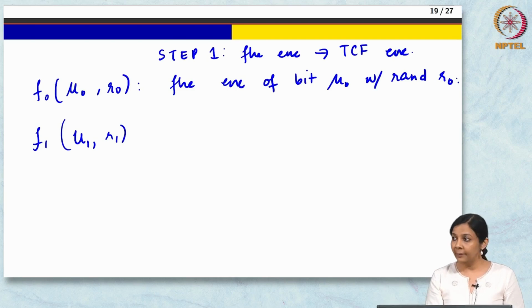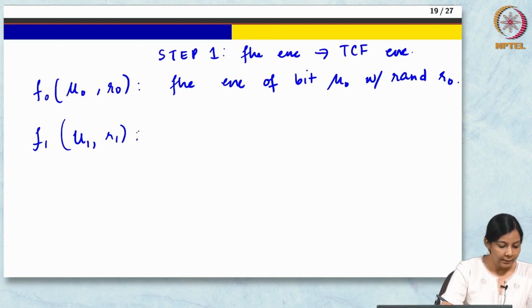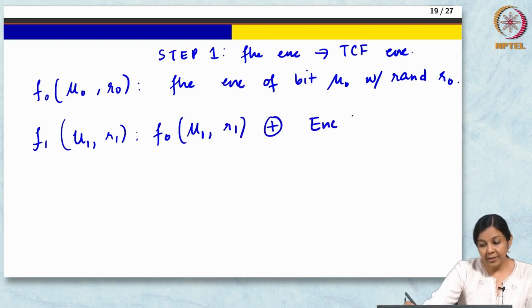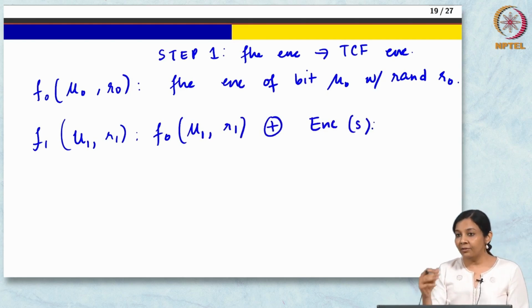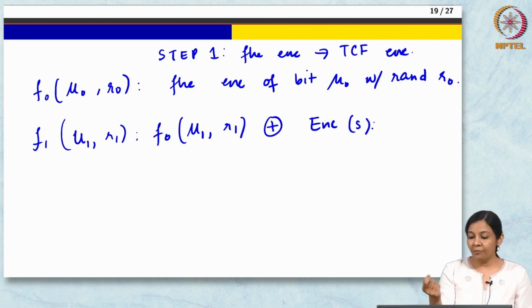Is the definition clear? Now, I will define F1 in a careful way, so that I get this TCF pair which is an encryption of S. So, how do I define F1? Well, I define it as F0 of mu 1, r 1 XOR an FHE encryption of S. Note that S has to somehow come into the picture, because I need this TCF encryption to encode the bit S. F0 is an FHE encryption.